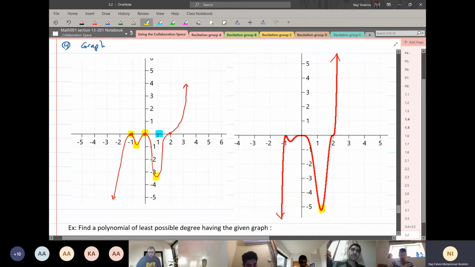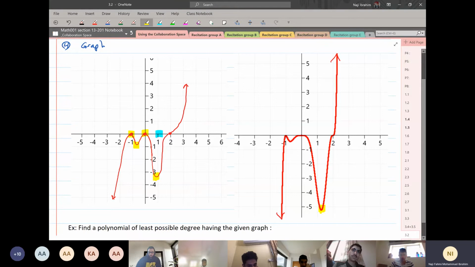All these yellow points are turning points, which means they are either maximum or minimum points. How many touches do we have for the x-axis? 2 touches. How many crosses do we have for the x-axis? 1. All these are kinds of questions that he may ask you in the exam.